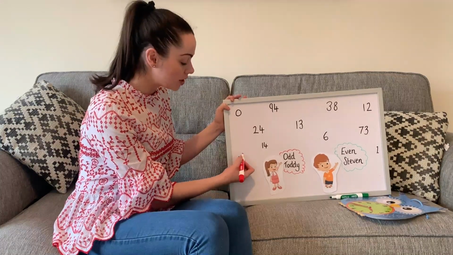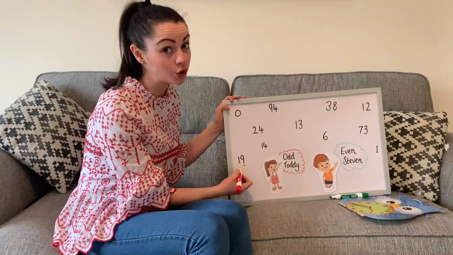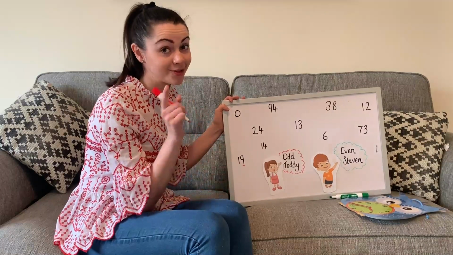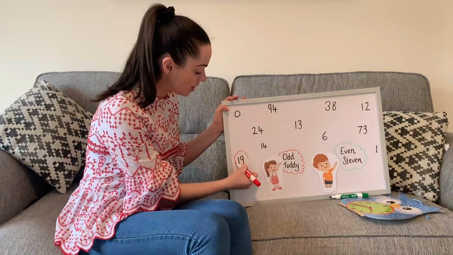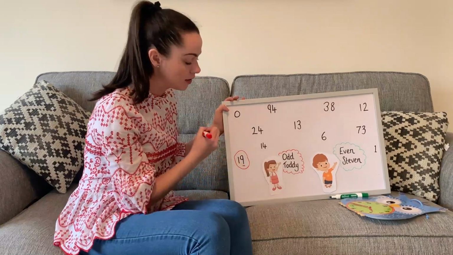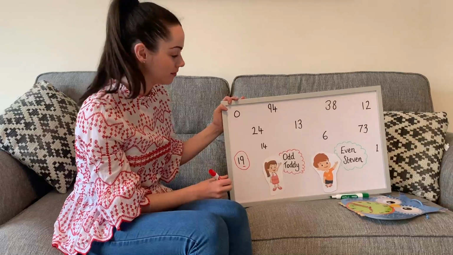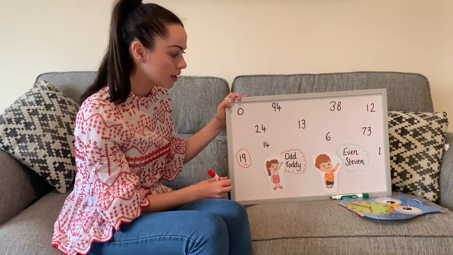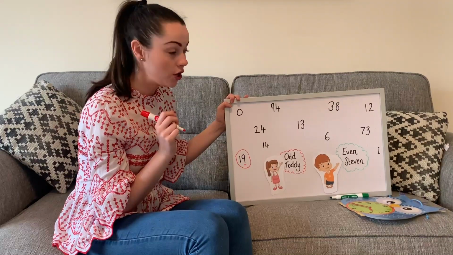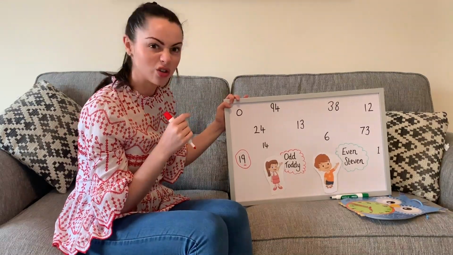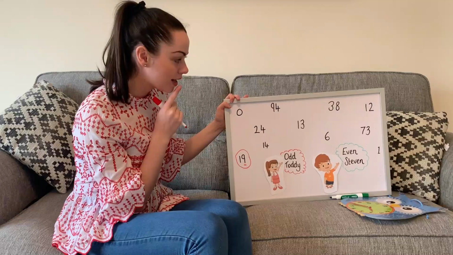And if we look at the number 9, is it odd or is it even? That's right, it is odd. So I'm going to circle this number in red. Now, I'm going to do one more for you, and then I want you to see if you can do the rest yourself.